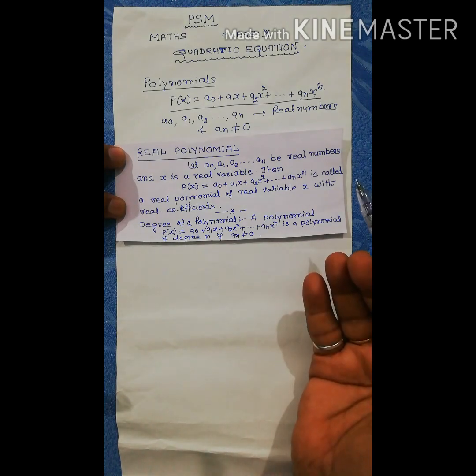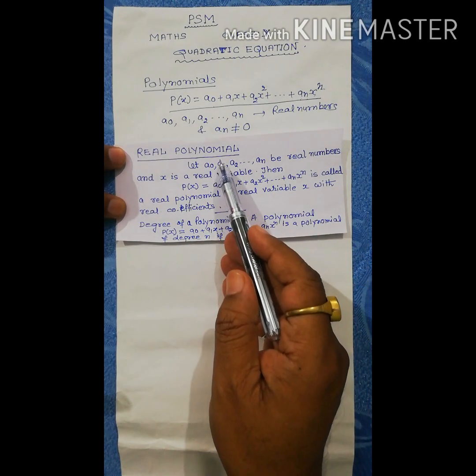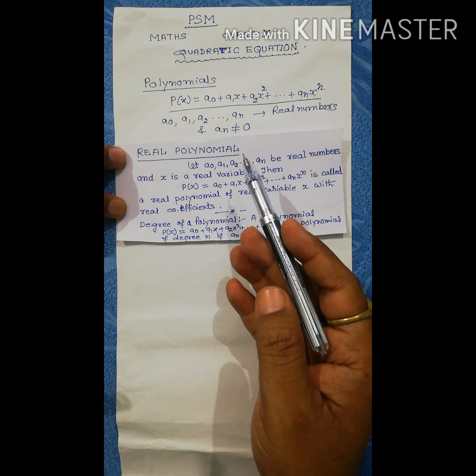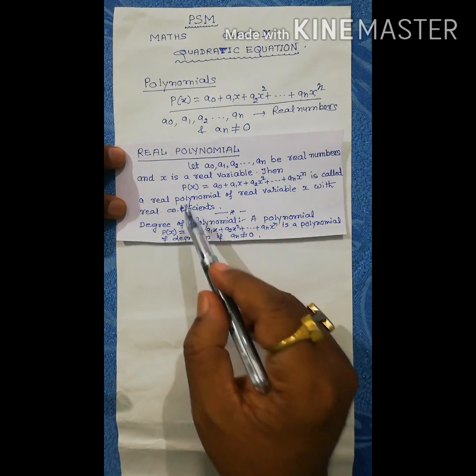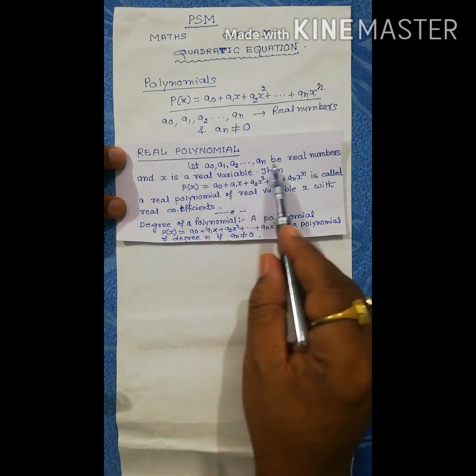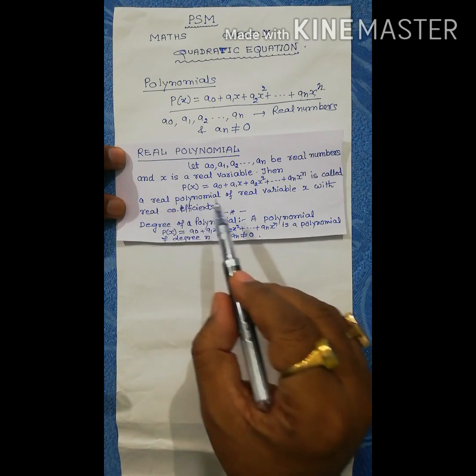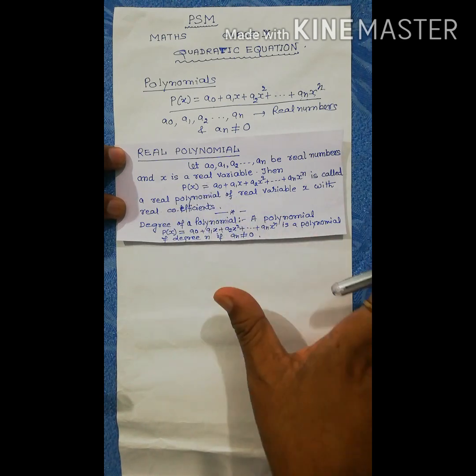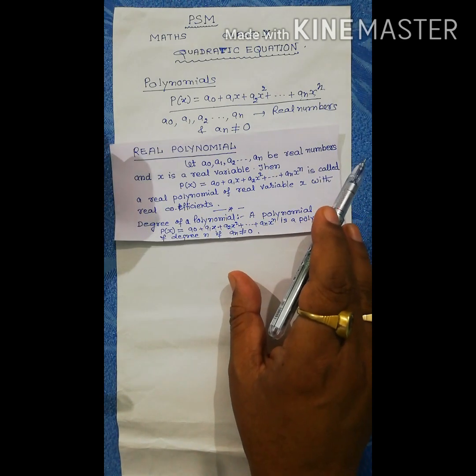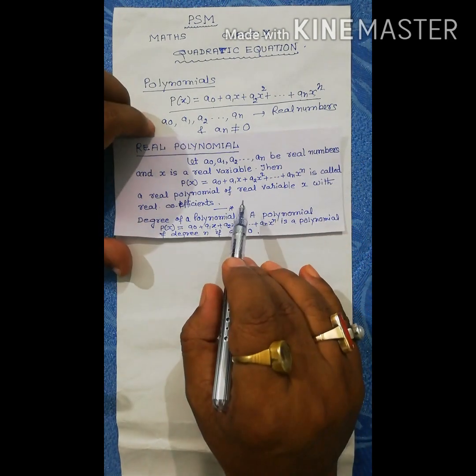Real polynomial and polynomial are both the same, but here we discuss real numbers and a real variable, and that is called a real polynomial. I think it is clear.